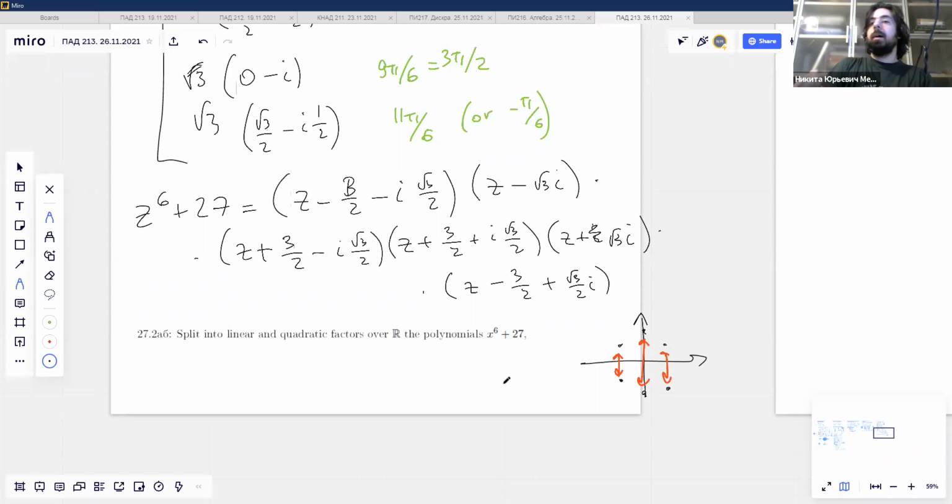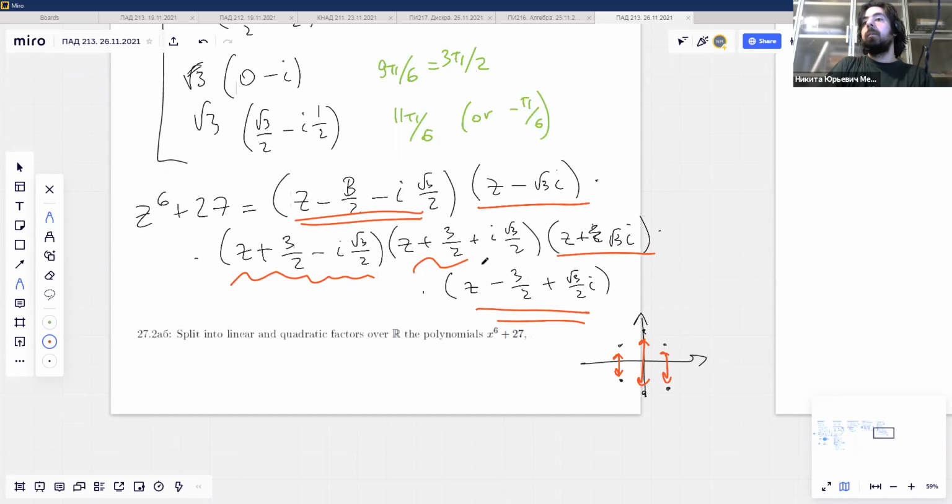And so I can pick pairs of brackets in this expression. This and this one, they have the same real part, but different complex part. And finally, this and this, they have the same real part, but different complex part.